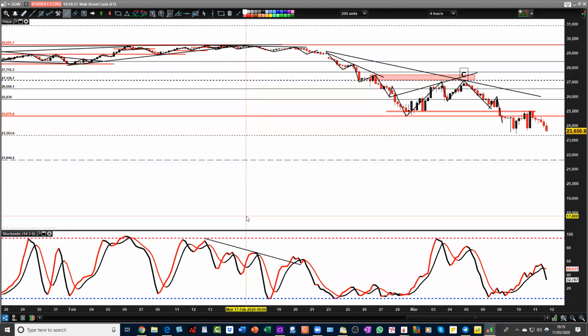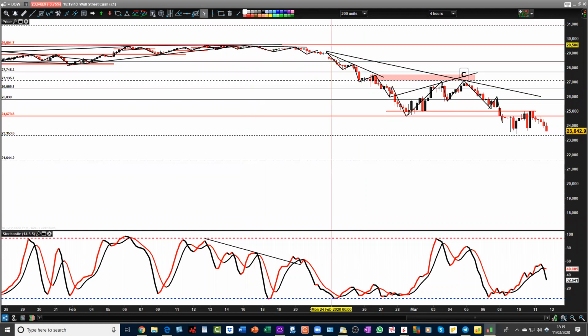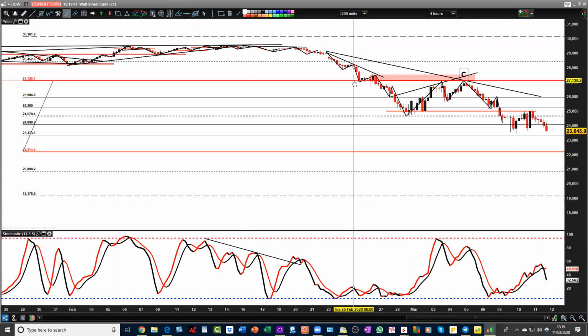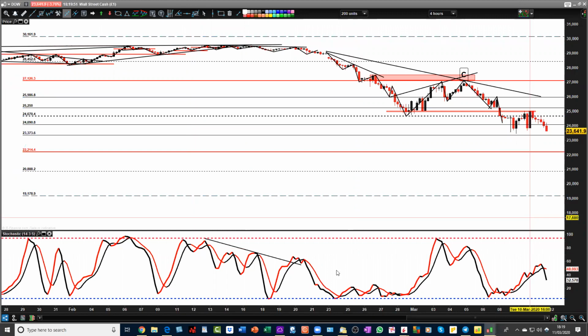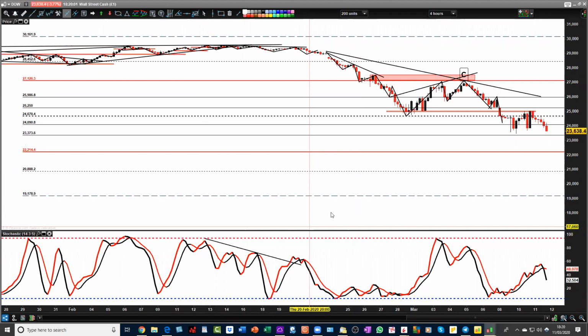Once the C wave's finished, once the 5 and 3 wave correction's finished, if you move the fib to the start of the push up in that C wave, then you can actually see the way they are using these fibs. So the next target level is 23,360.